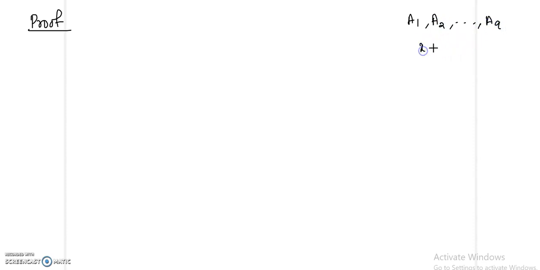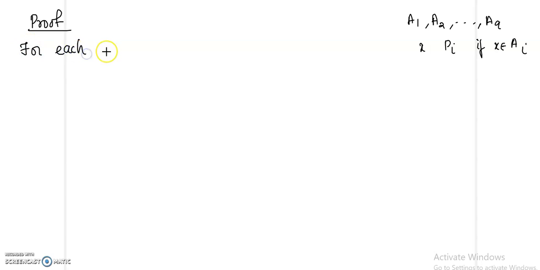So x is said to possess the property Pi if x belongs to the set Ai. Okay. So all the properties P1, P2, etc., PQ are defined properties. So x will possess a property Pi if x belongs to the set Ai.